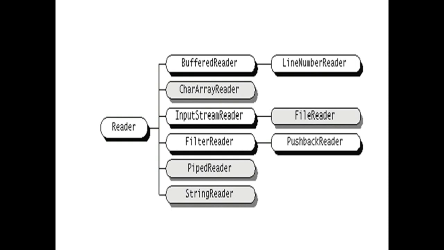So if I briefly tell you about it, the character array reader or char array reader class is an input stream that reads from a character array. Now your buffered reader is a buffered input character stream. Now the input stream reader is the stream which translates the bytes to characters.